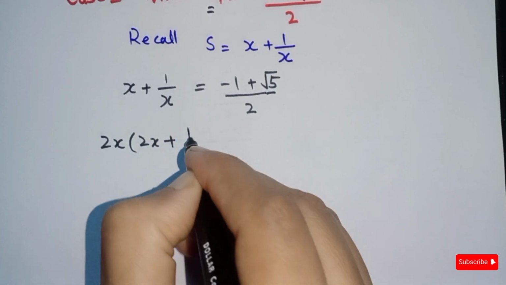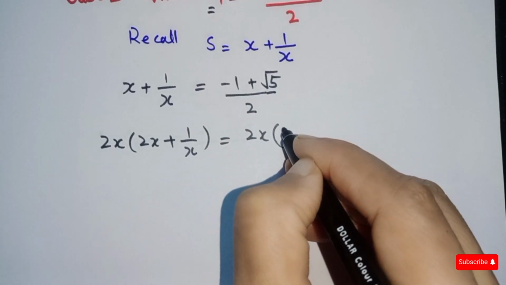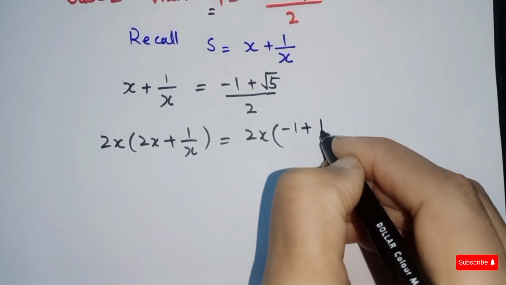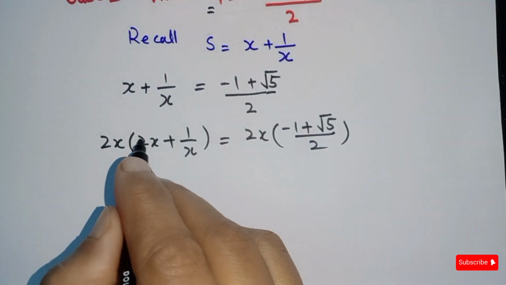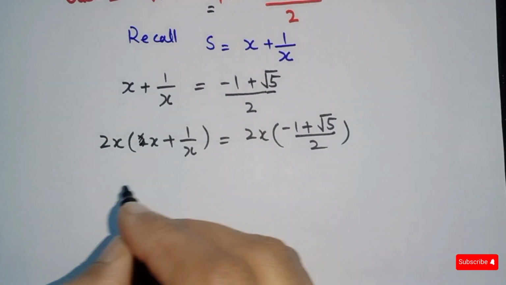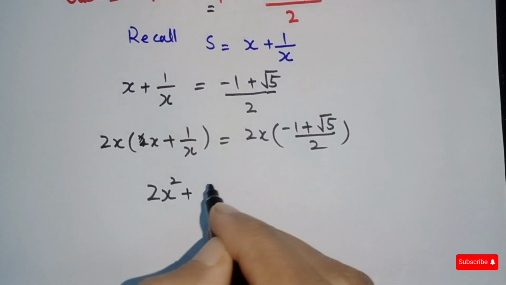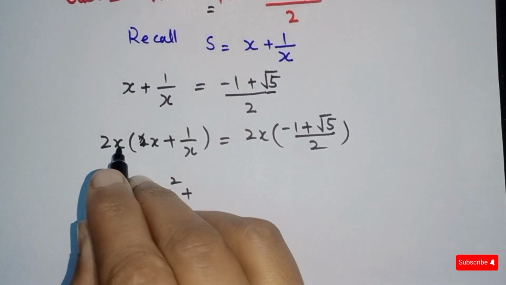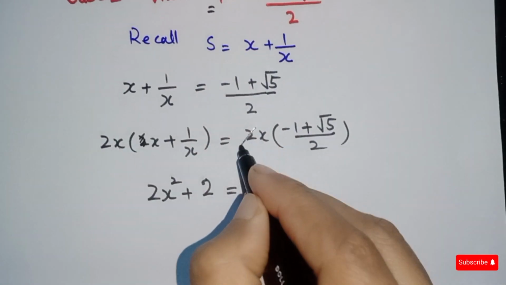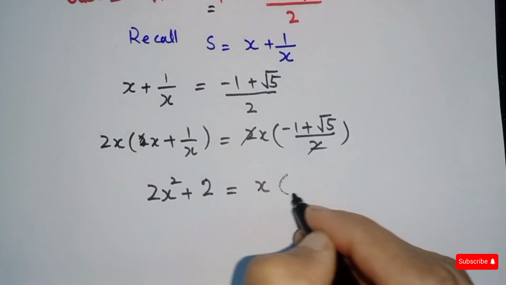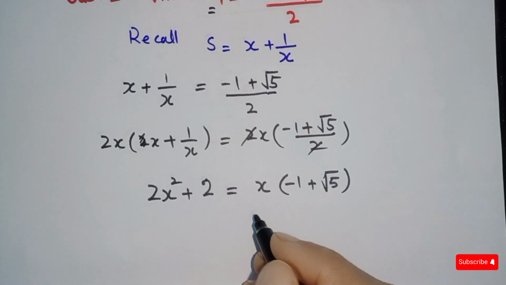2x plus 1 over x is equal to 2x minus 1 plus square root 5 over 2. Sorry, here we have only x plus 1 over x. So we have 2x square plus, here x will cancel out with x and we will get only 2 is equal to, here 2 will cancel out with this and we will get x minus 1 plus square root 5.